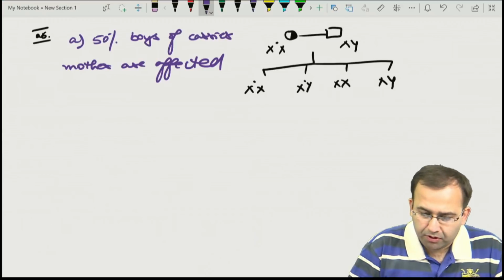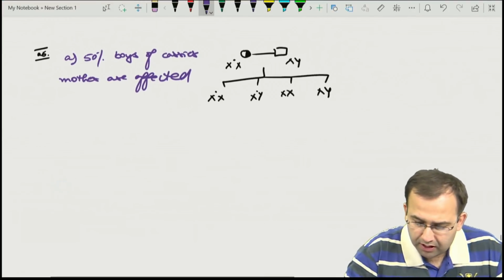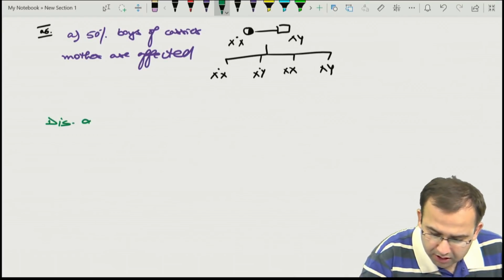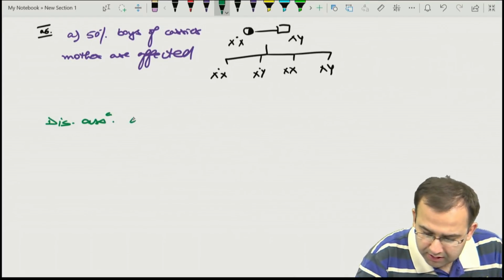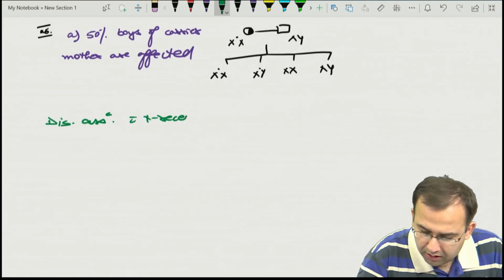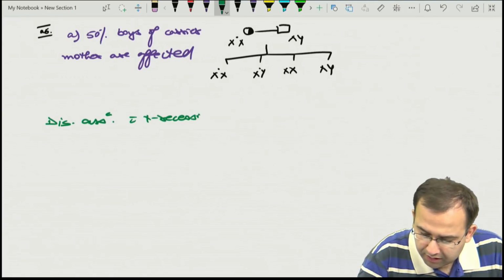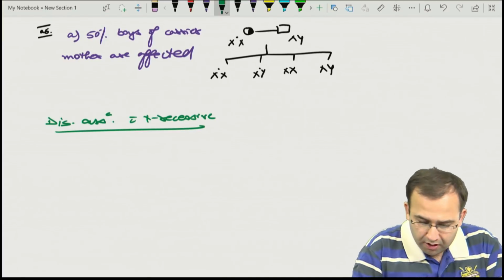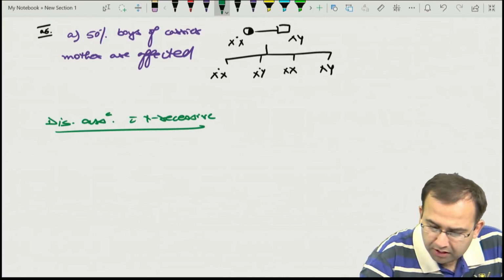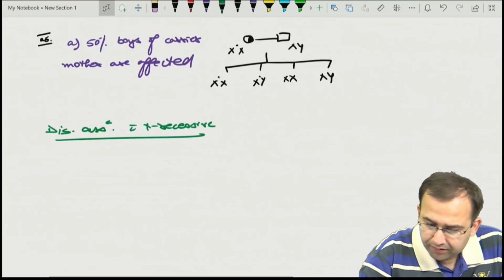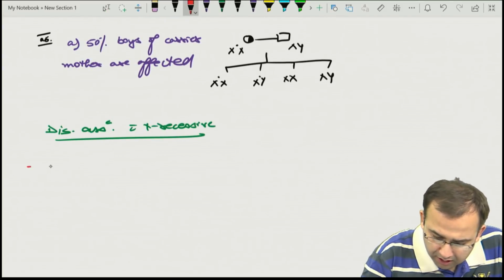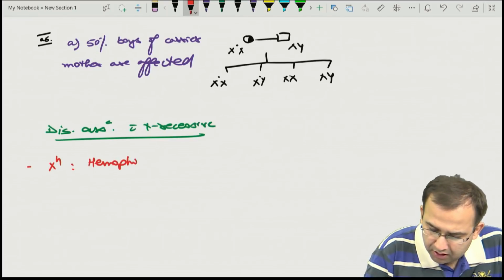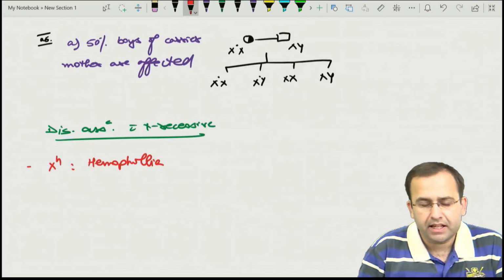Next point, another important topic in X-linked recessive inheritance is the diseases associated with it. This again is asked. Starting with the hematological diseases, they are hemophilia, written as XH.